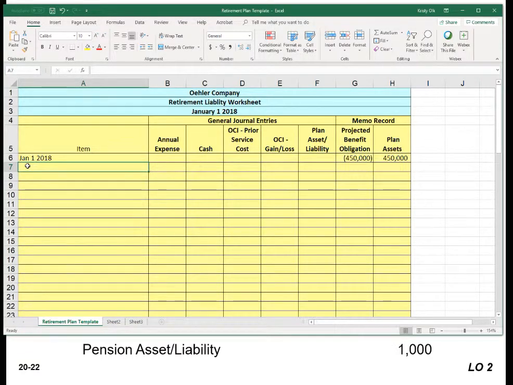So now that we've started with the balances, what was there to begin with? Let's start calculating for 2018. So the annual service cost for 2018 is $27,000.